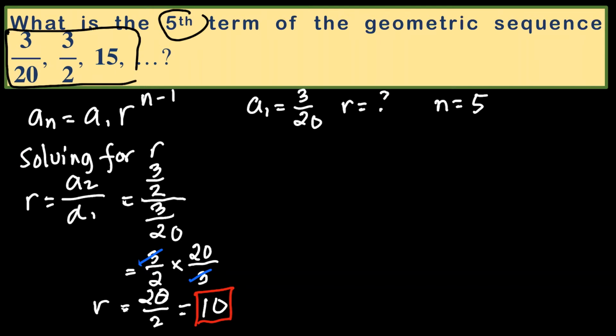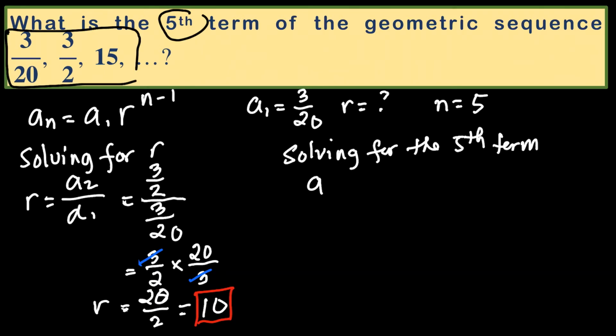Now that we have the common ratio and we are also given n and a sub 1, we can solve for the fifth term of this sequence. We're going to use the formula a sub n equals a sub 1 times r raised to n minus 1.